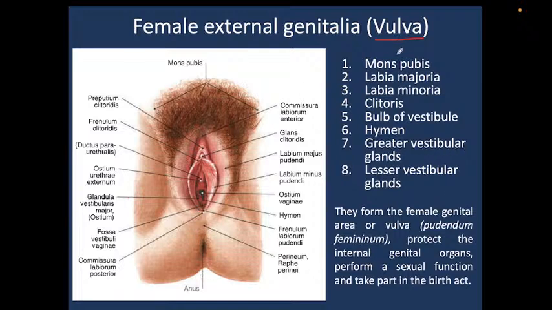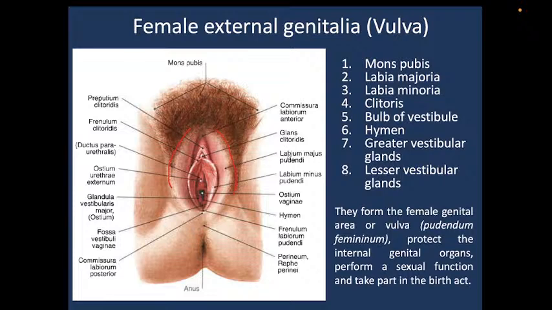So you see the first one is the mons pubis. This is the area of the lower part of the anterior abdominal wall, with special connective tissue and adipose tissue in women.